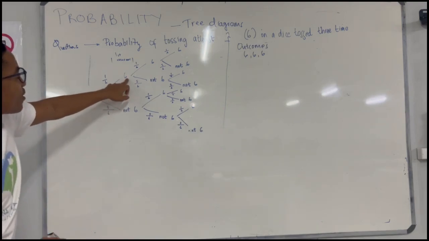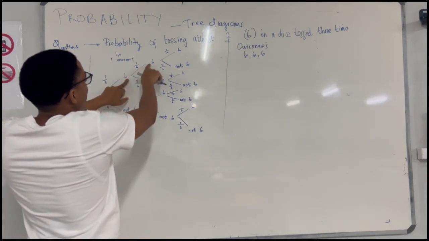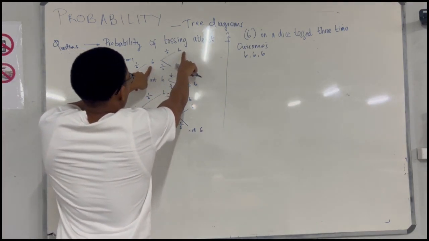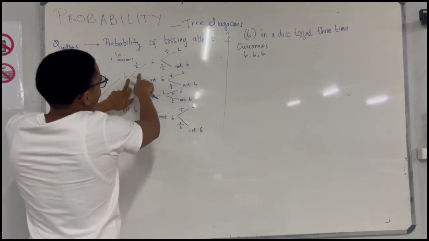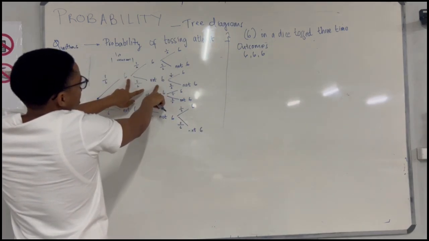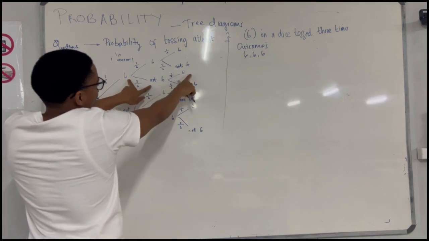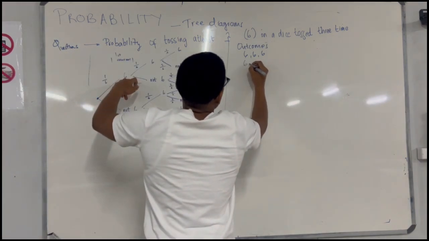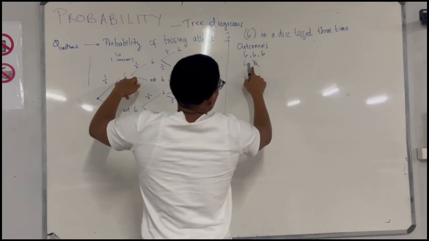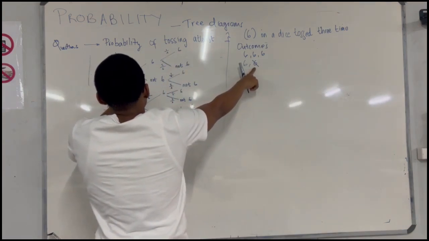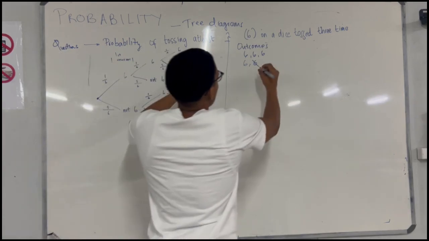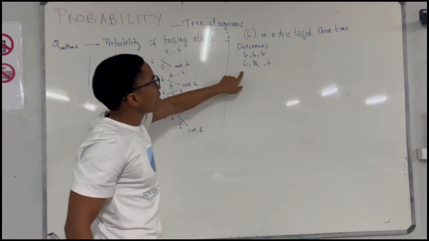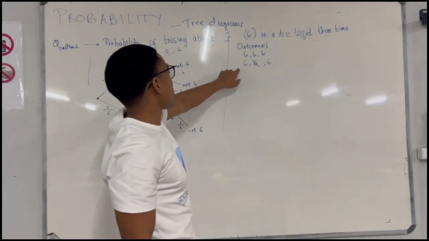So here you have your first 6, then you can either get your second and third, or you can get your second and then stop at a not 6 and then a 6. We'll denote a not 6 with this one. So it's a 6, not 6, and then a 6. Notice there are 2 sixes in this outcome.